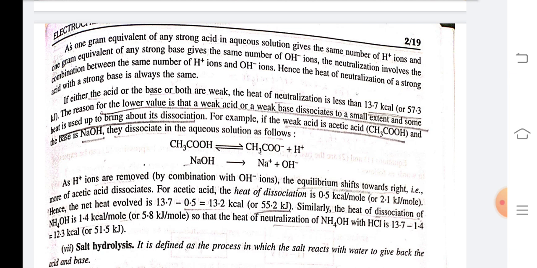If either the acid or the base or both are weak, the heat of neutralization is less than 13.7 kilocalorie or 57.3 kilojoule. The reason for the lower value is that a weak acid or a weak base dissociates to a small extent and some heat is used up to bring about its dissociation.